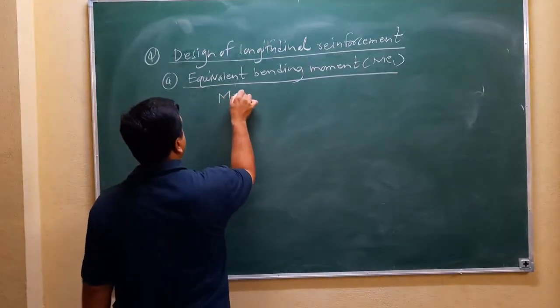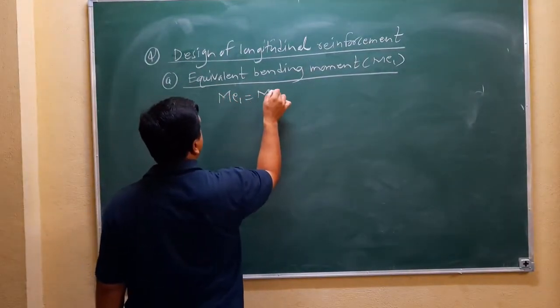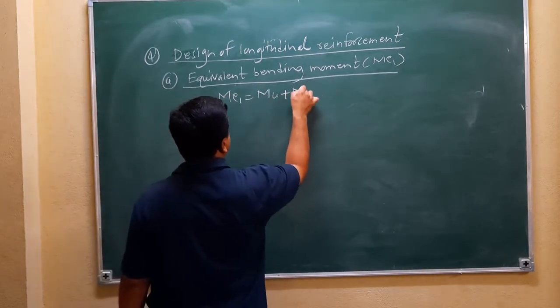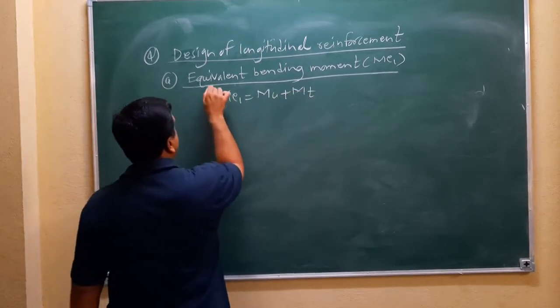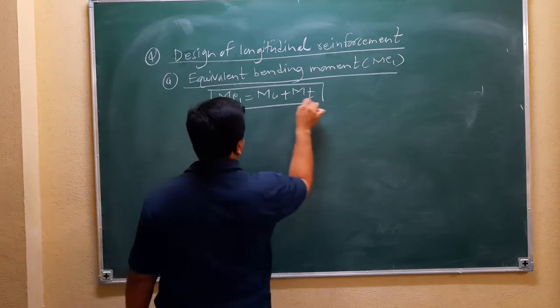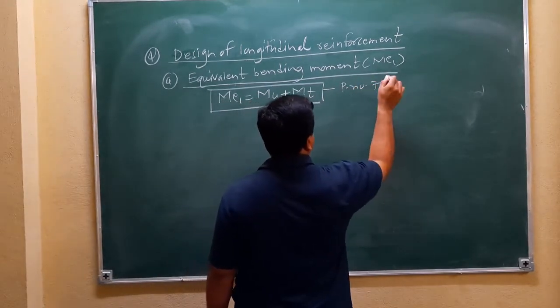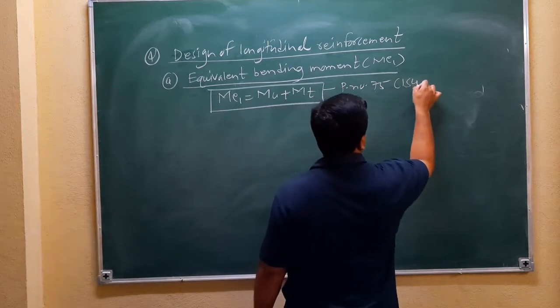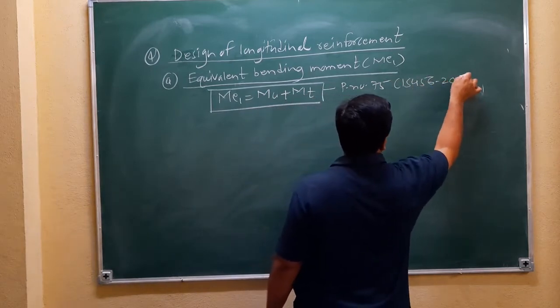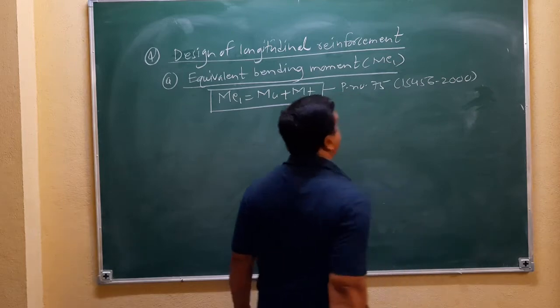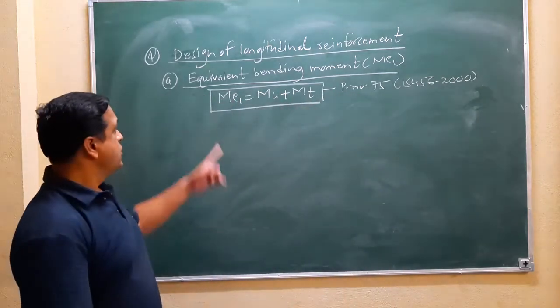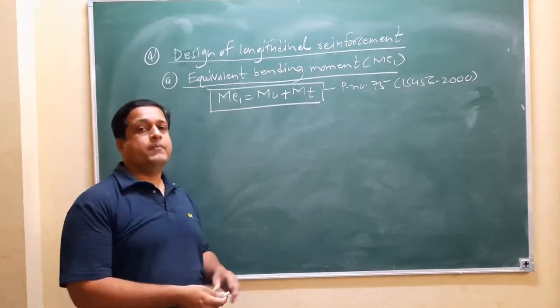That is ME1 is equal to MU plus MT. This formula is available on page number 75, IS 456 2000 version. So find out the equivalent bending moment ME1.